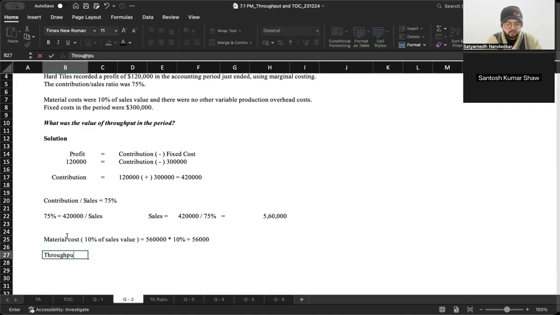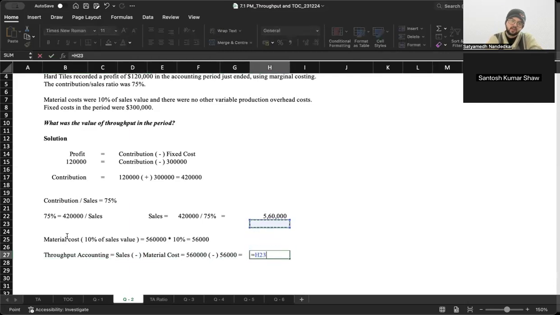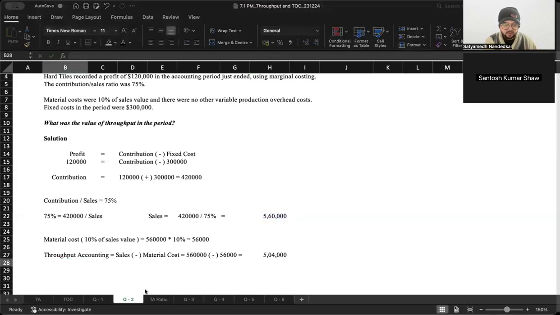So throughput is sales minus material cost, which is 5,60,000 minus 56,000. 5,04,000 is my throughput. So this is a question which basically involves some mathematical jugglery. It's not tough at all. It's just that it expects you to connect certain points and then arrive at the final answer.